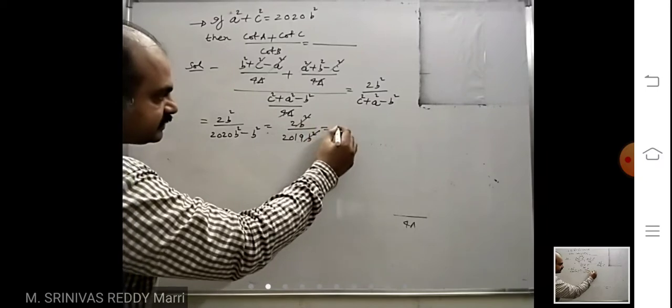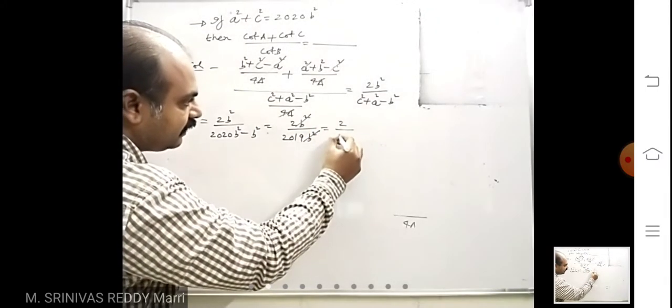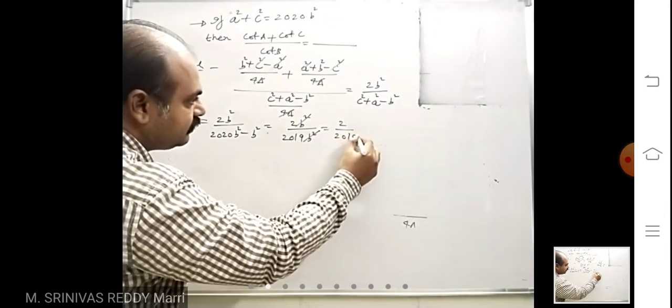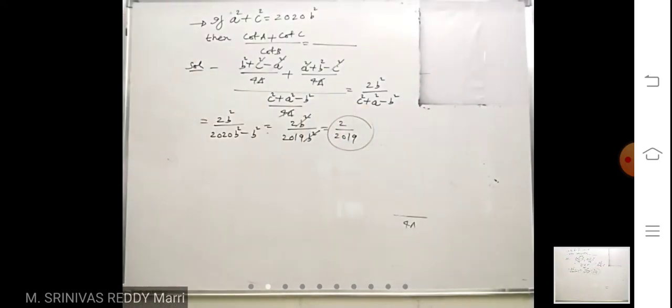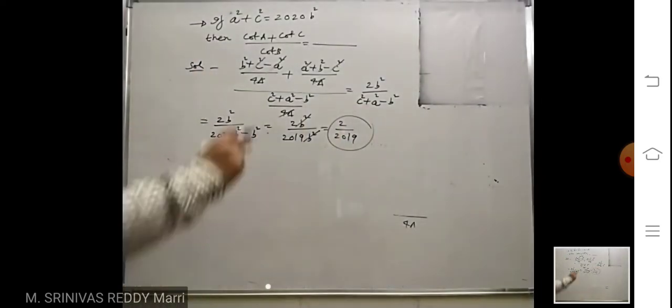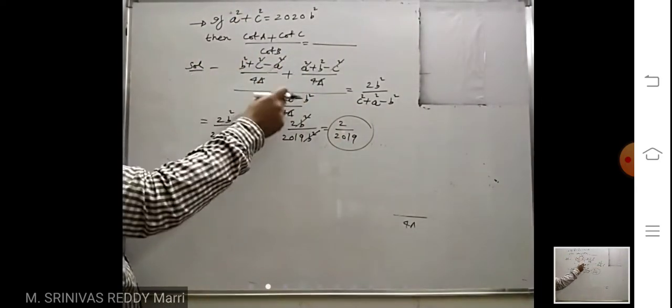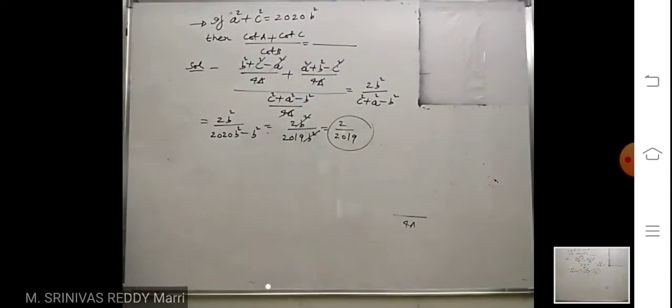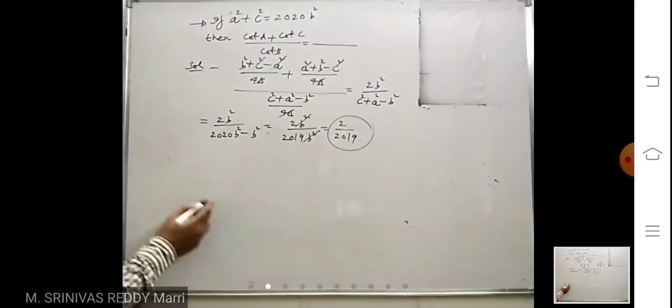Therefore, B square will get cancelled. Answer is nothing but 2 by 2019. That is the answer. Like if you write cot A, cot B, cot C, it will become an easy problem. Right? Basic formula you have to remember. Like this problem can be solved. Right? So look at next.